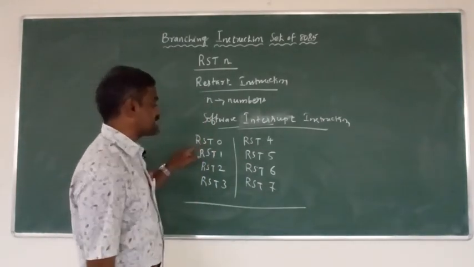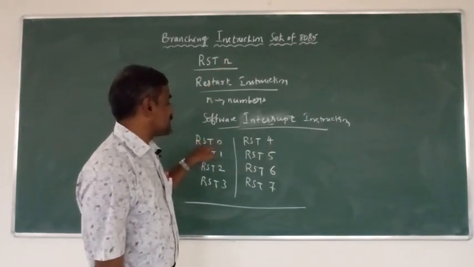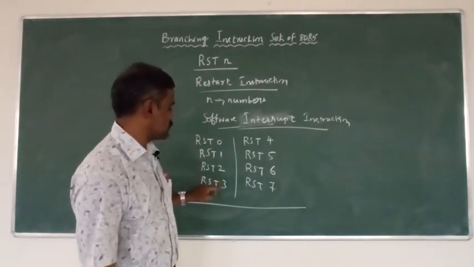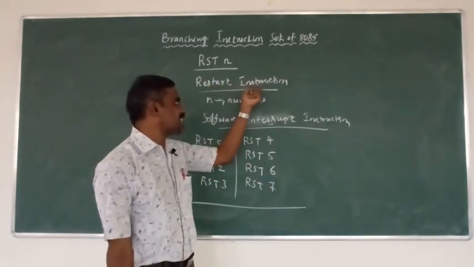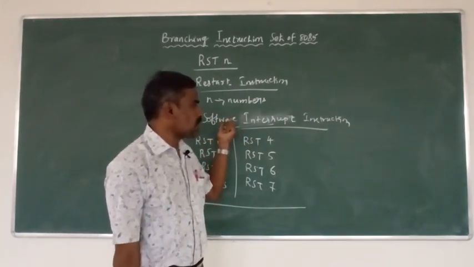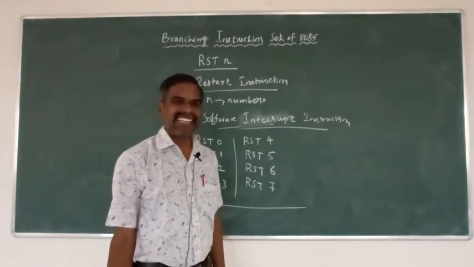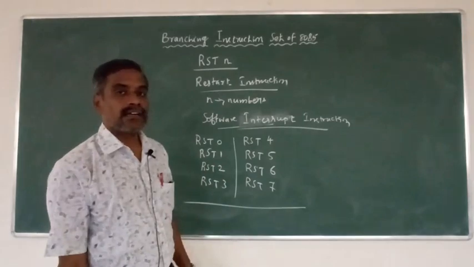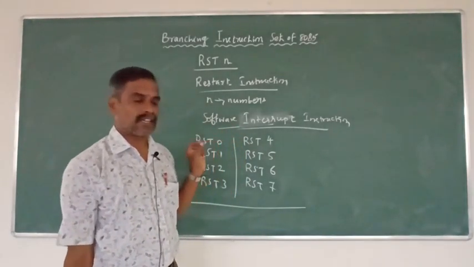RST means restart, and it executes the data at the n address location. Here n is 0, 1, 2, 3, 4, 5, 6, 7. The restart instruction is also called a software interrupt instruction. There are a total of 8 restart software interrupt instructions.